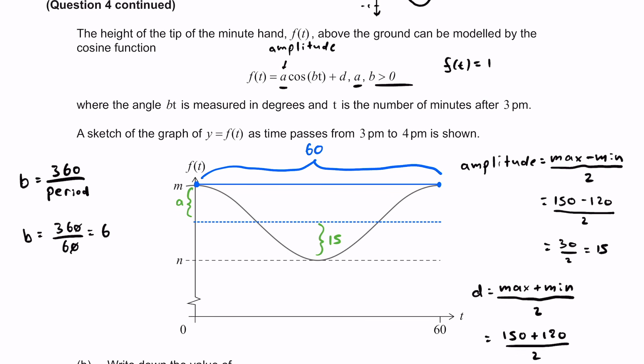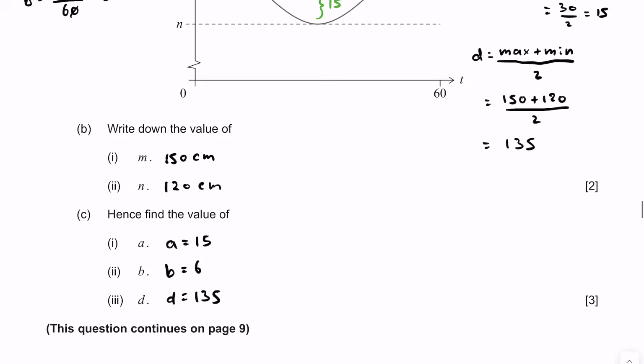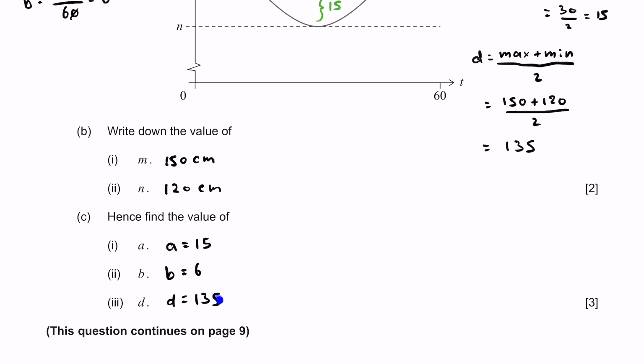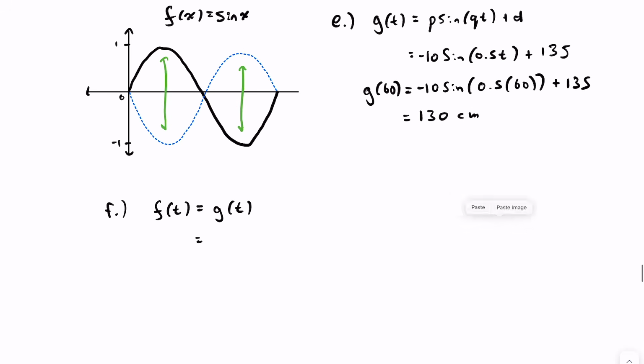So a was 15 cos 6t plus 135. So that was f of t. We found that earlier by finding both a, b, and d: 15, 6, 135. So here's f of t.